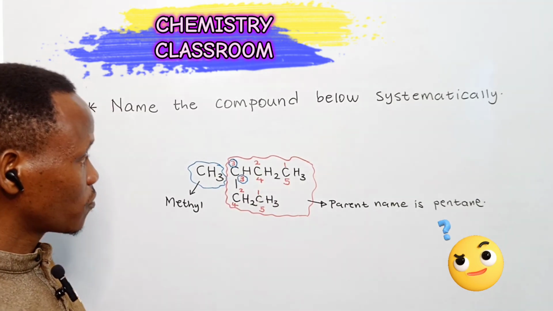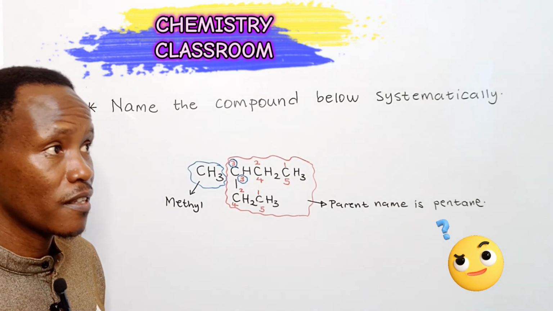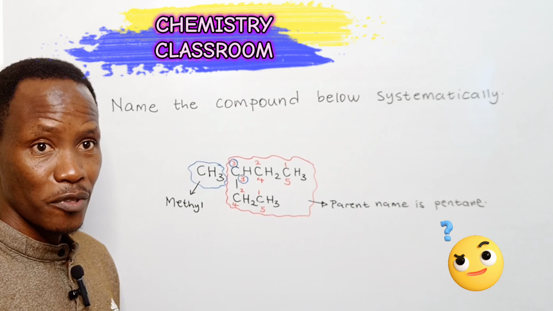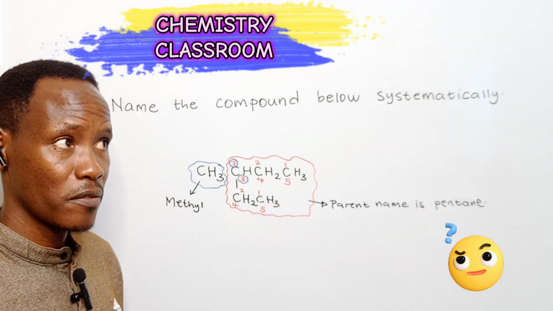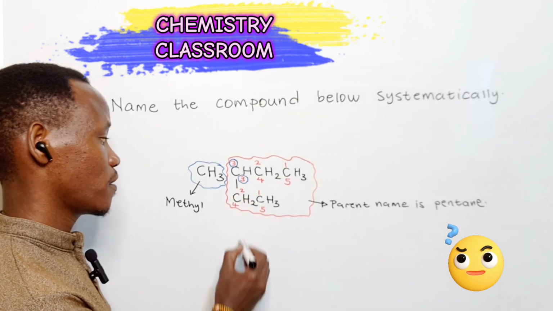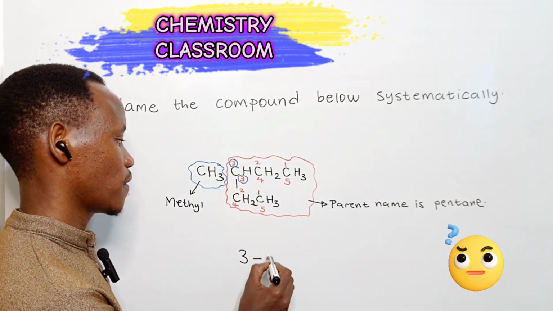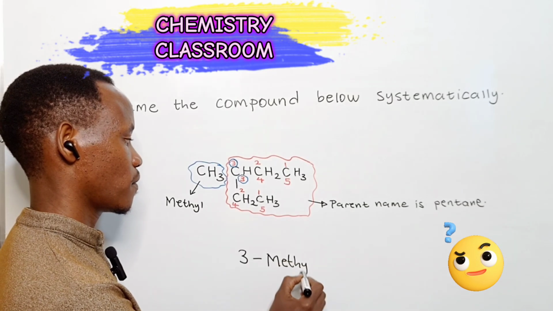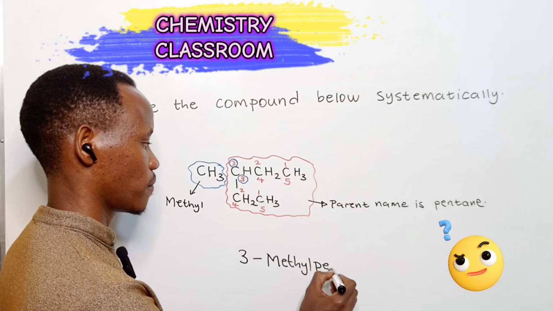If these two numbers were different, we would choose the lowest, but they are the same. We can therefore write down the name of the displayed compound as follows. First, the number 3, followed by a hyphen, and then the word methyl, followed by our parent name.